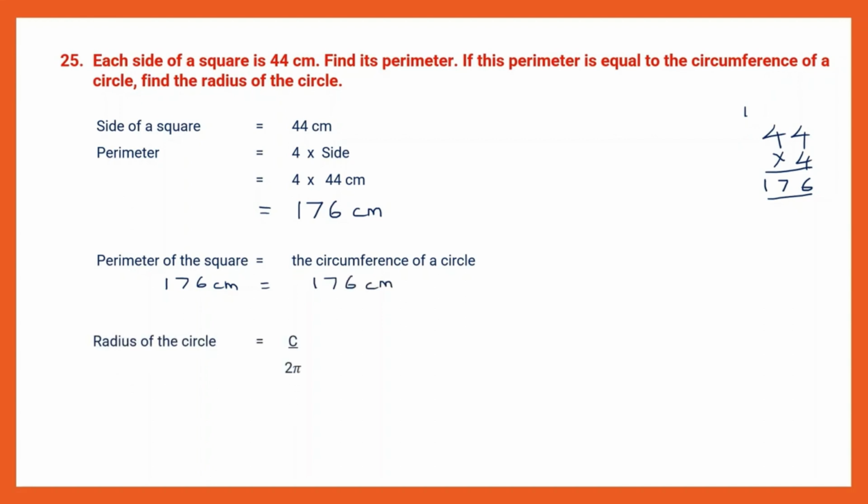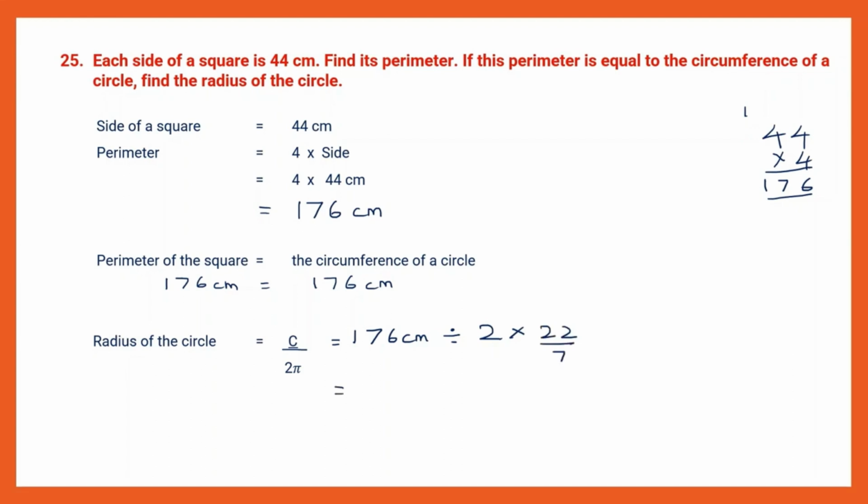Now, radius of the circle. If we have to find it when circumference is given, we have to use the formula C divided by 2 pi. C stands for circumference. So circumference of the circle we know is 176 centimeters. So let's use that. 176 centimeters divided by 2 pi. 2 into pi is 22 by 7.